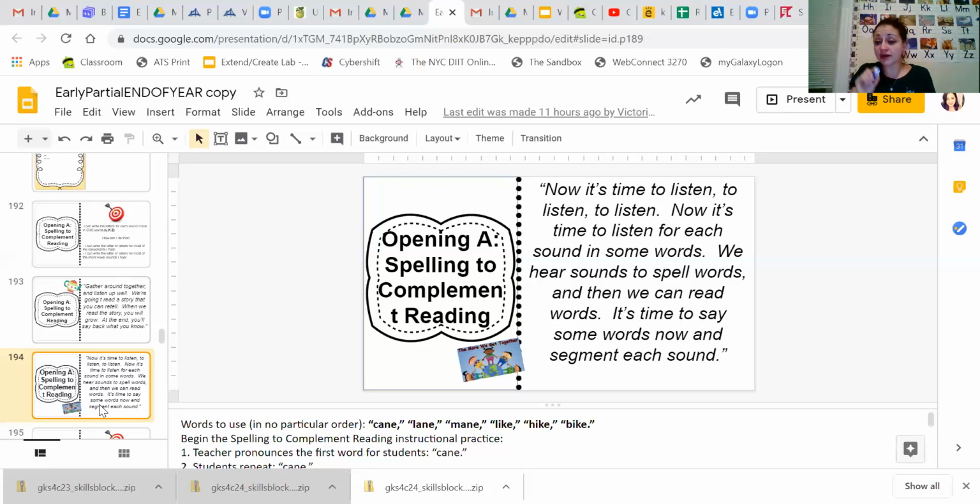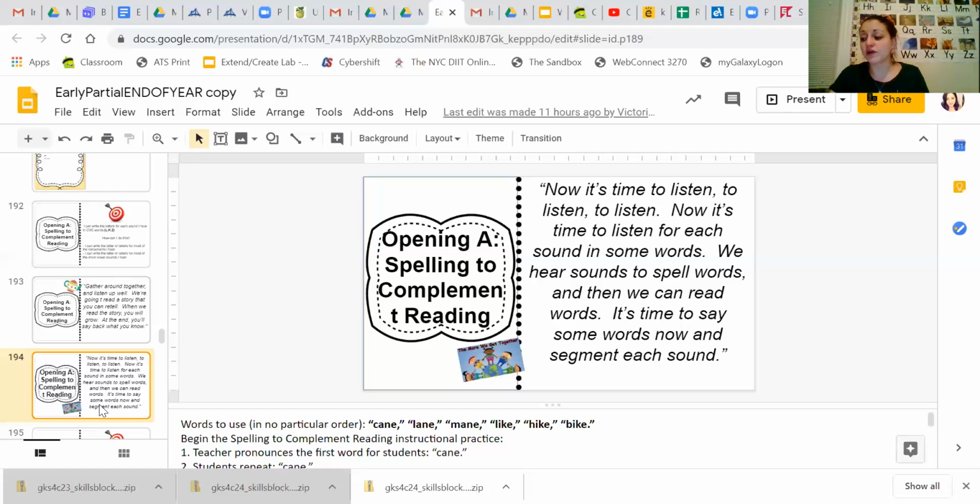And then I know it ends in E because it's the long vowel sound of A. Okay, so this is how we spell the word cane. C, A, N, and then silent E, right? The magic letter E at the end, the E gives my long A that sound, okay?